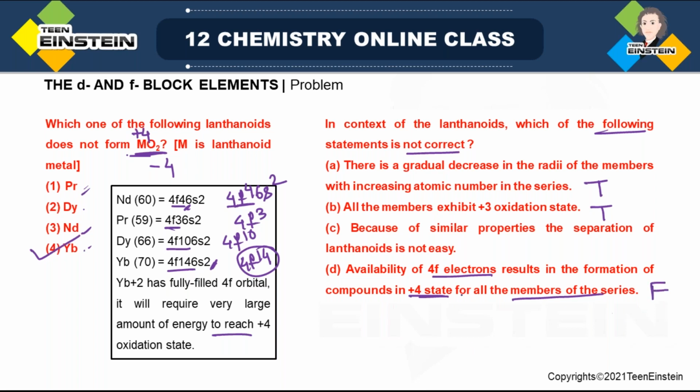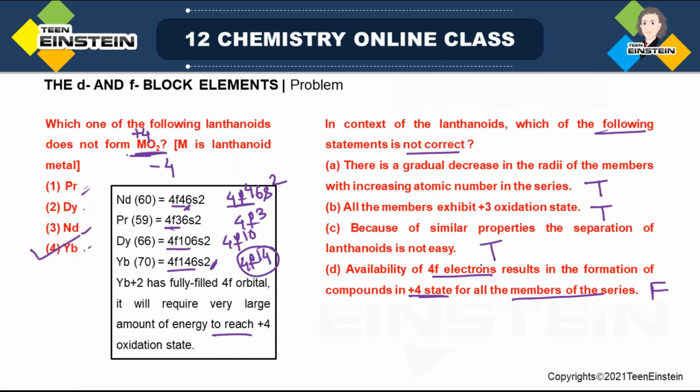Sometimes it may happen that you are not sure about some statement. Then just keep it aside and go to the next statement. If you are sure about this, then you can easily understand that this is true. Because of their similar properties, we know that though there is lanthanide contraction as we move from left to right, the difference in the sizes is not very high.